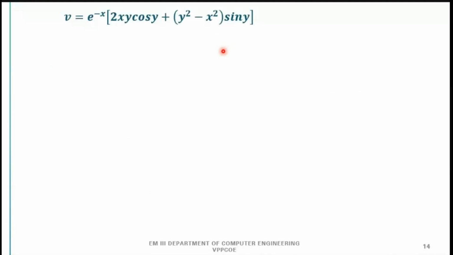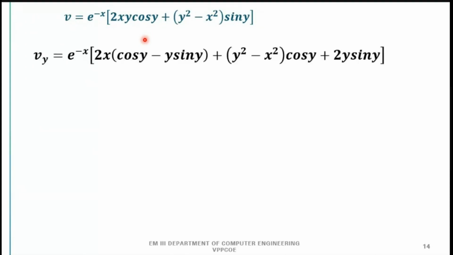Okay, so here e raised to minus x will be a constant. In differentiation of the bracket term, again x will also remain as a constant. So vy में ये term वैसे का वैसे ही रहेगा.